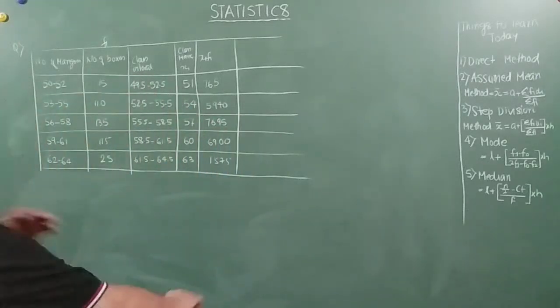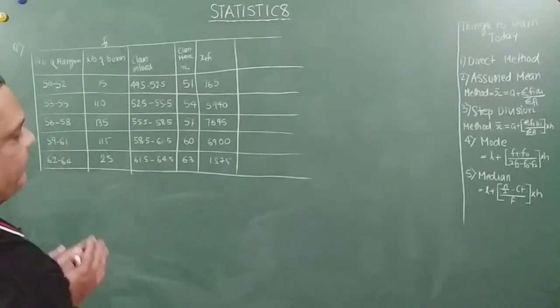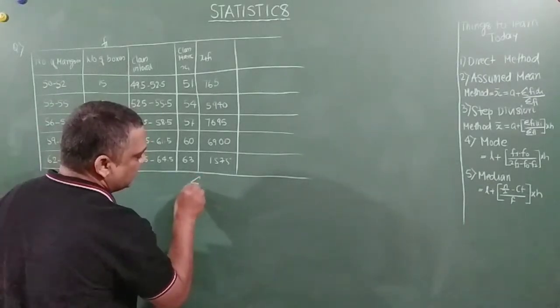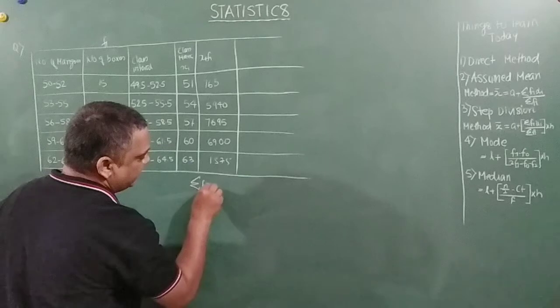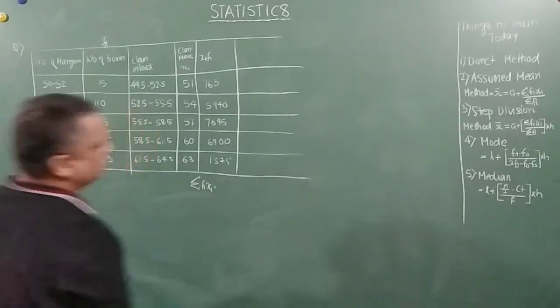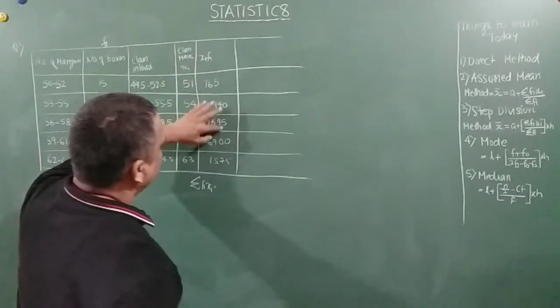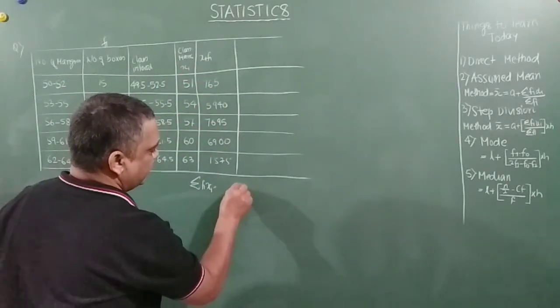Now, what is happening here is that we have got xi fi. Now, direct method will be nothing but sigma of fi xi, right? That means sum total of all this. Let's do it. 5 plus 5 plus 5, 15.